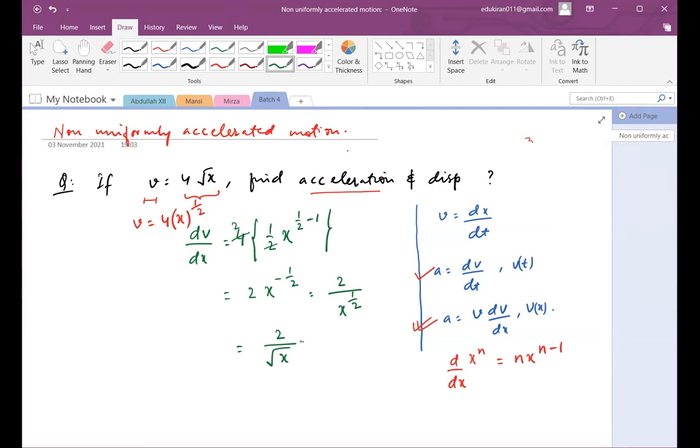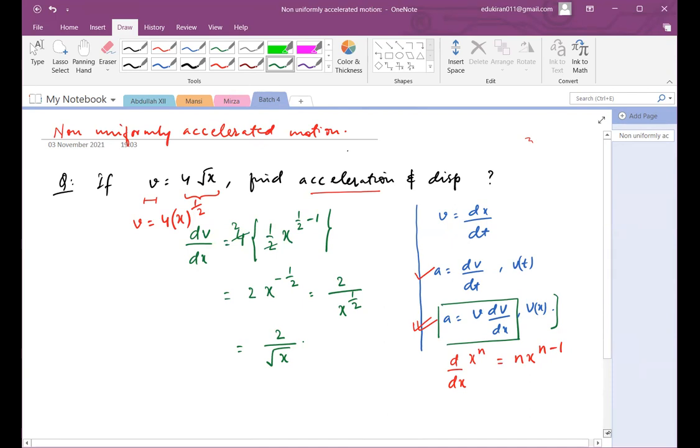Yes, sir. Now we have calculated dv by dx. According to this rule, if velocity is an x-dependent function, acceleration equals v times dv by dx. Just multiply velocity and dv by dx, and you will get acceleration.